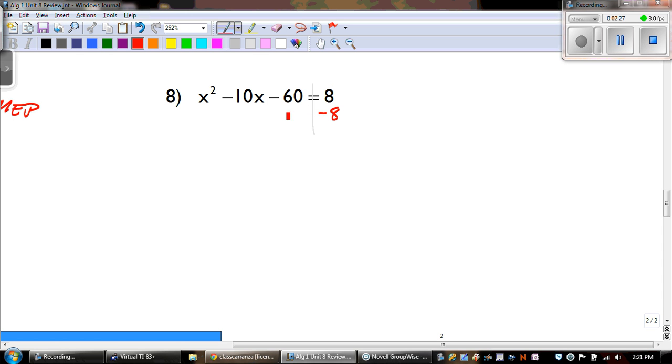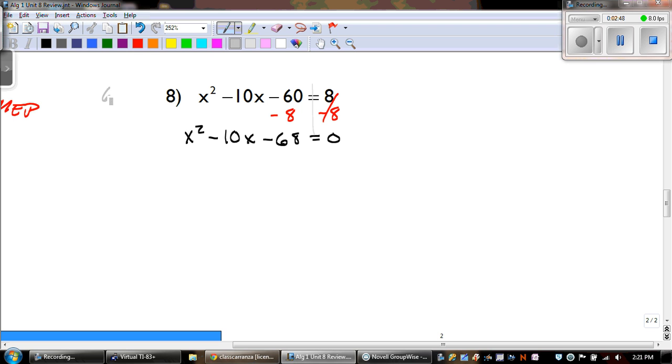Let's move that to the other side to set it equal to 0. And we have x squared minus 10x minus 68 equals 0. So let's check. Can we factor this?